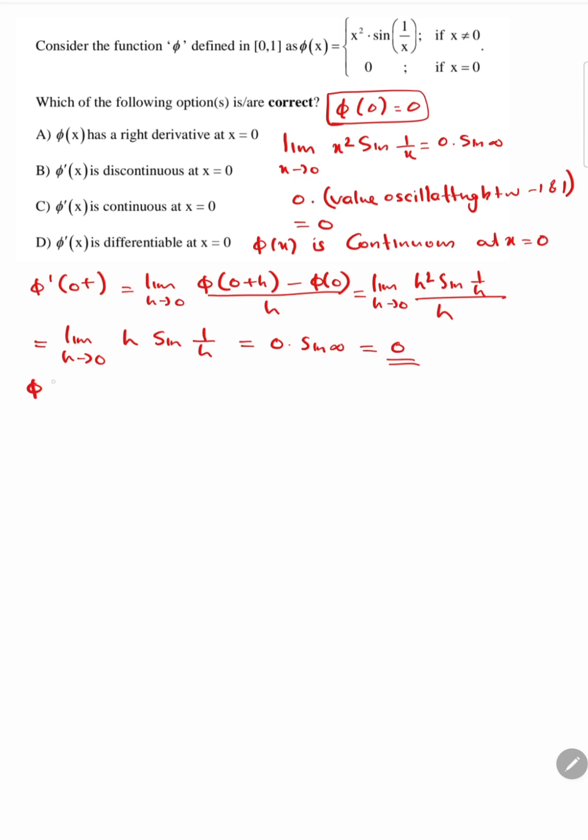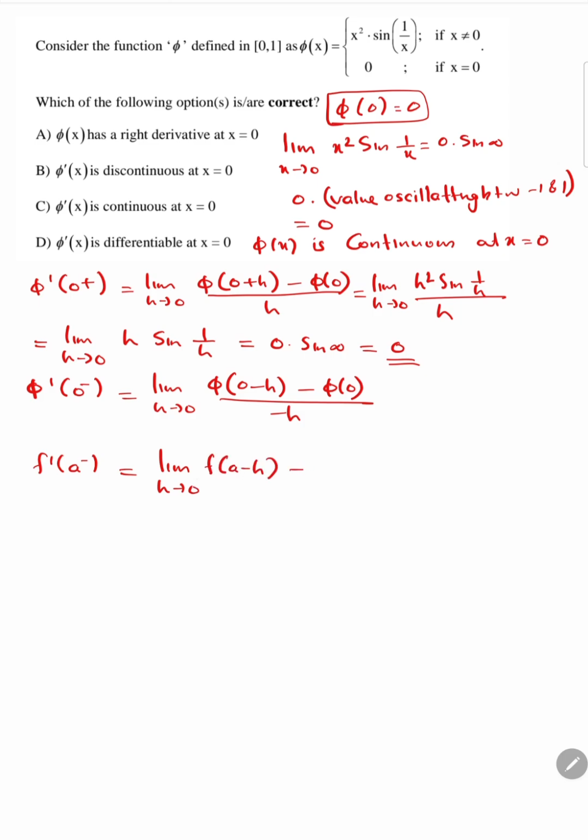Similarly, let me find LHD. LHD will be the limit as h tends to 0, where earlier it was f of a plus h, here it will be f of a minus h minus f of a divided by minus h. This is the left hand derivative, which is the limit as h tends to 0 of f of a minus h minus f of a by minus h. That's the LHD, so I have used that formula here. Limit h tends to 0, phi of minus h.